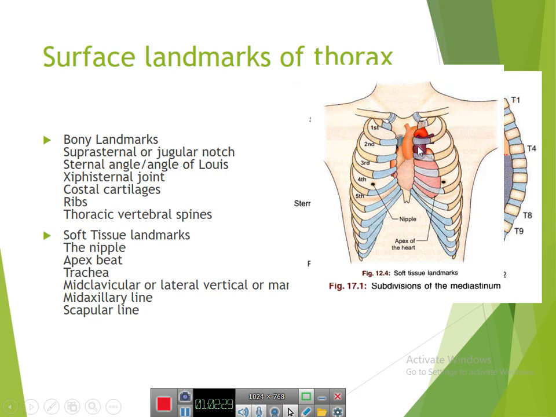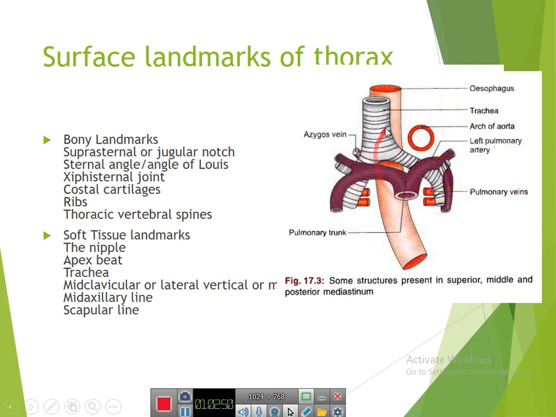Here is the pulmonary trunk. It lies lateral, next to the aorta. The pulmonary artery is divided into right and left branches at the level of the angle of Lewis. So the trachea divides into the right and left bronchi at the level of the angle of Lewis.